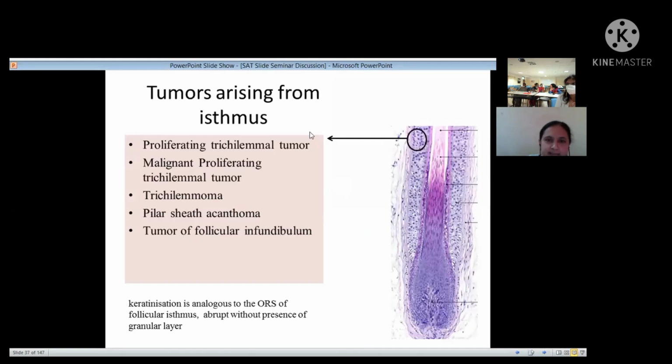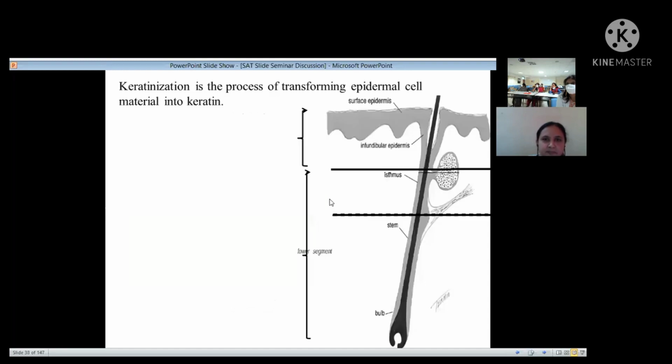This was the proliferating tricholemmal tumor, which arises from the outer root sheath and also from the isthmus region. There are so many tumors arising from the isthmus, but only a few of them show this kind of keratinization, whereas some tumors like tricholemmoma do not show tricholemmal keratinization.